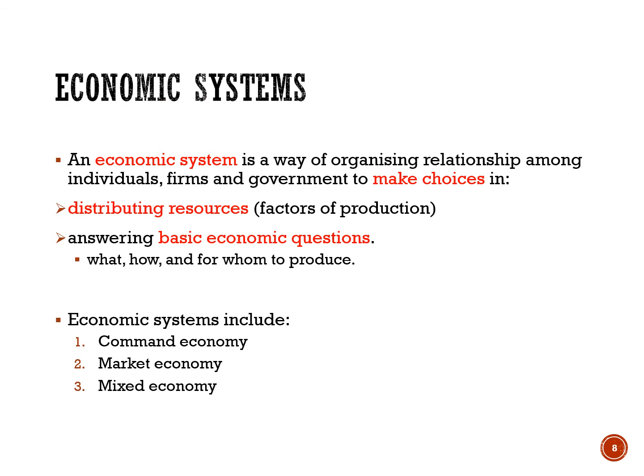An economic system is a way of organizing the relationship among individuals, firms, and government to make choices in distributing resources for answering the three basic economic questions. Among the economic systems discussed in this chapter are command economy, market economy, and mixed economy.